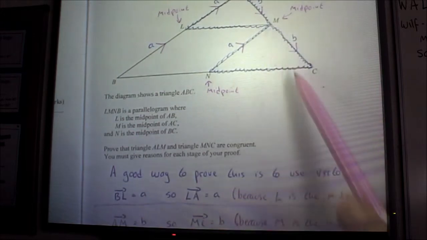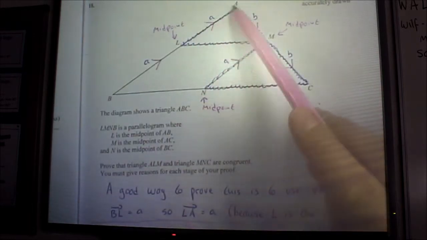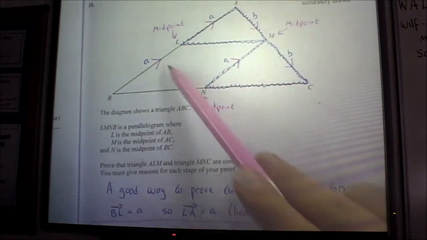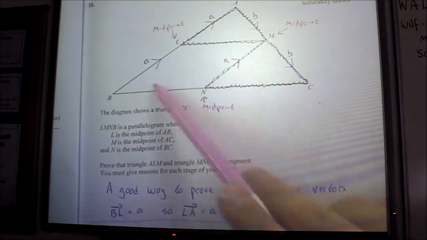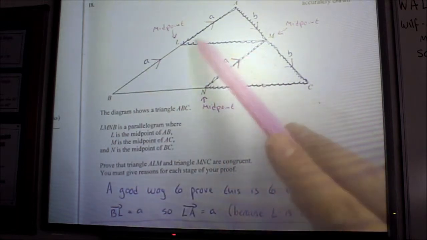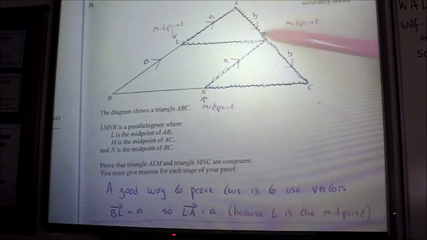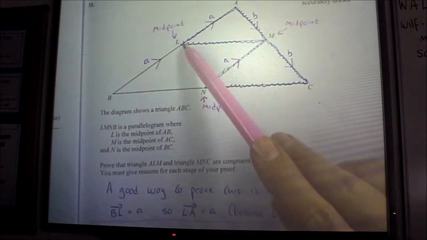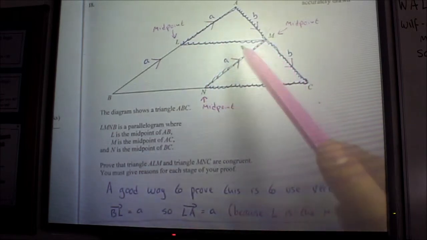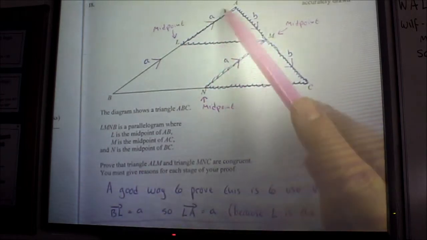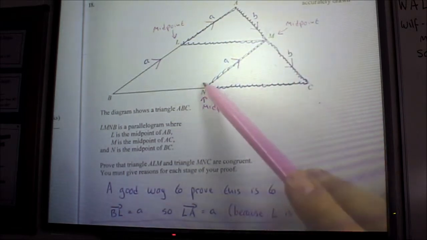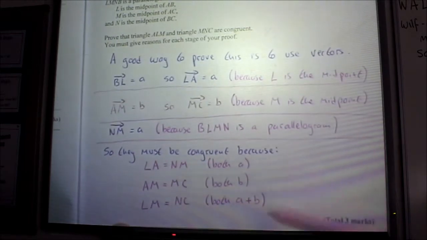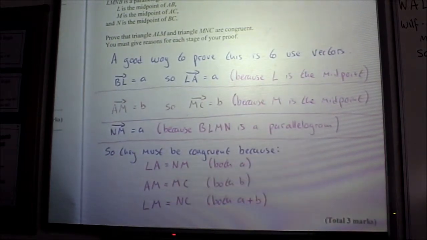So that means that both these triangles share that line, well, that line there and this line there, because that is the same as that, and because this is a parallelogram, that is the same as that. So that's one side they share. They both share this also this side B as well. So that's B and that's B because it's a straight line. And they also share this line here, because that line from LM is A add B, and NC is also A add B. And you can see I've done that at the bottom. So they all must be congruent, because, and I've matched them up and given reasons for it.